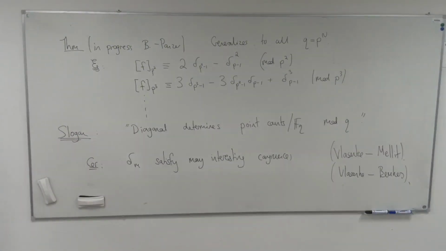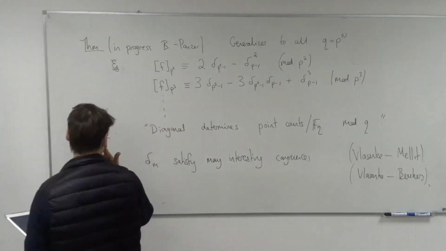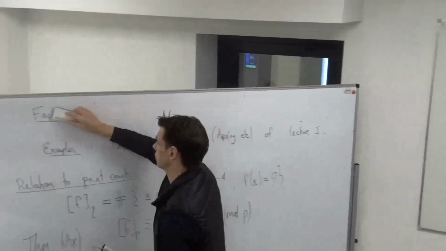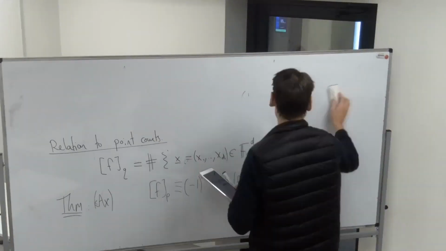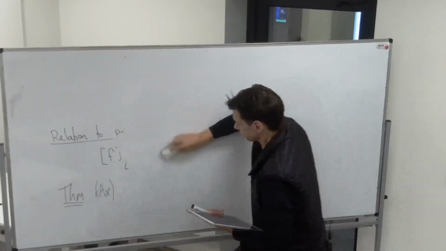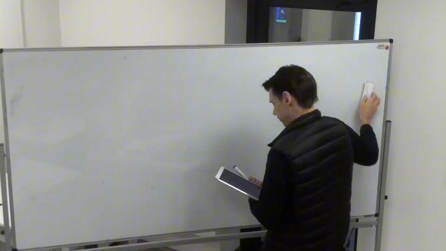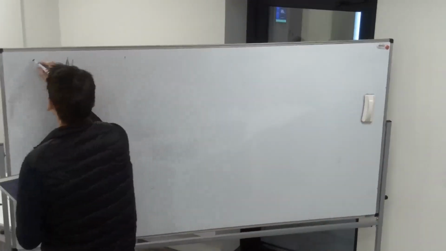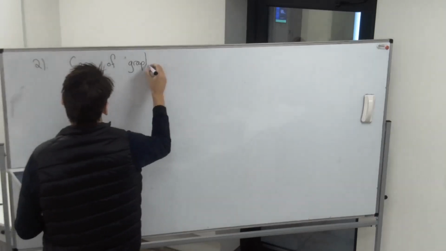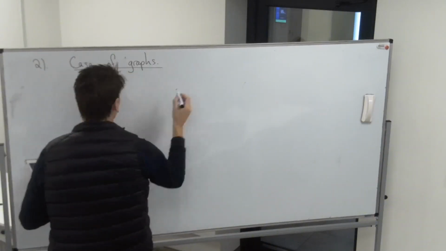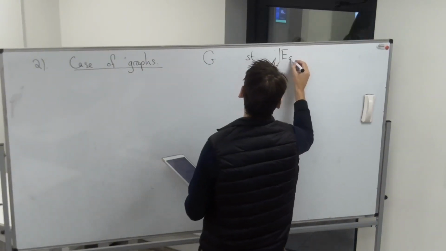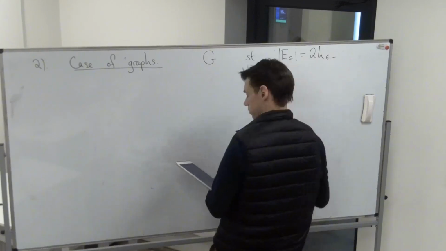Okay, so this diagonal is very important, and it tells us all about these arithmetic questions of finite fields. That's one fewer thing to have to think about. We just need to study the diagonal. So let's look at the diagonal in the case of graphs. So this is very interesting. So let's take G, a finite connected graph, such that the number of edges is twice the number of loops.